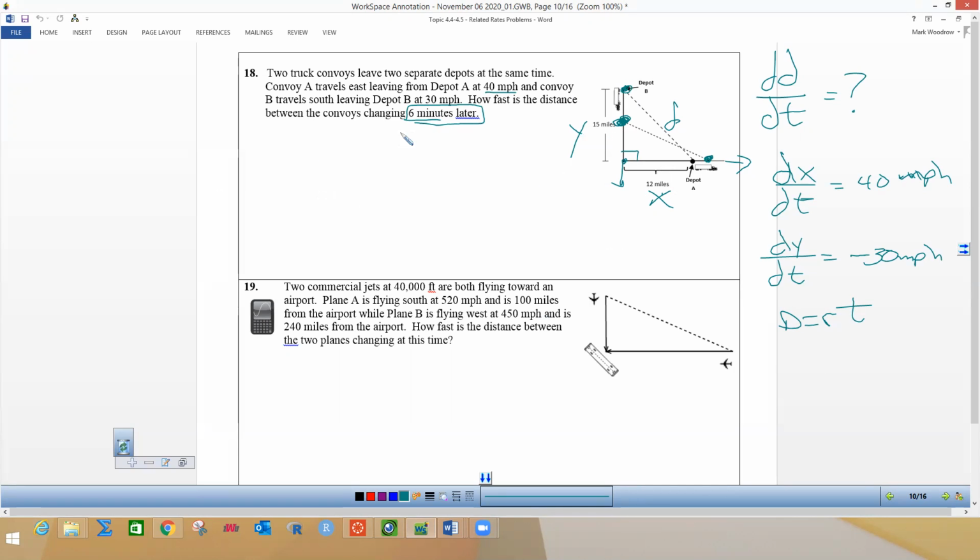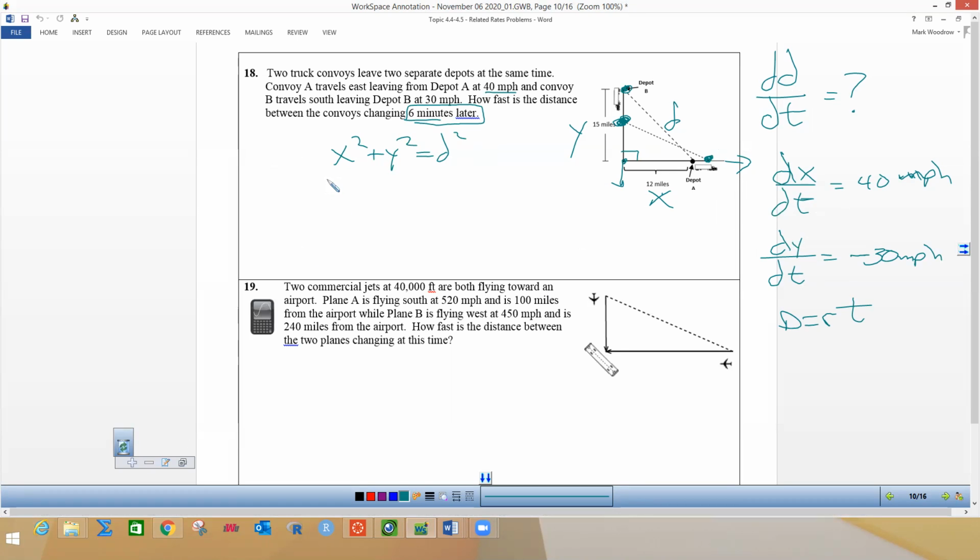Let me show you this first. How do x, y, and d relate to each other? From geometry, how do x, y, and d relate since that's a right angle? What's that called? Pythagorean theorem. Now we're going to have to use these rates of change. So what do we got to do to this equation to get dx dt and dy dt in there, and to get dD dt, because that's what we're looking for?